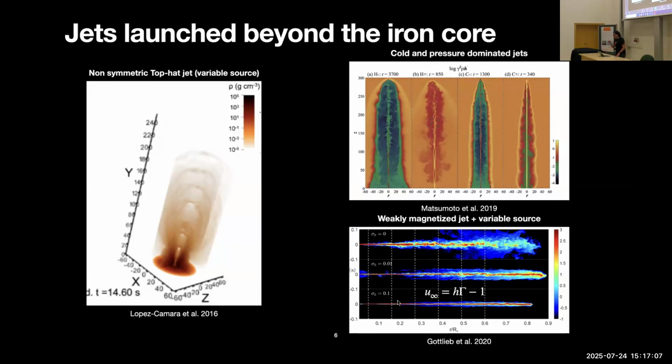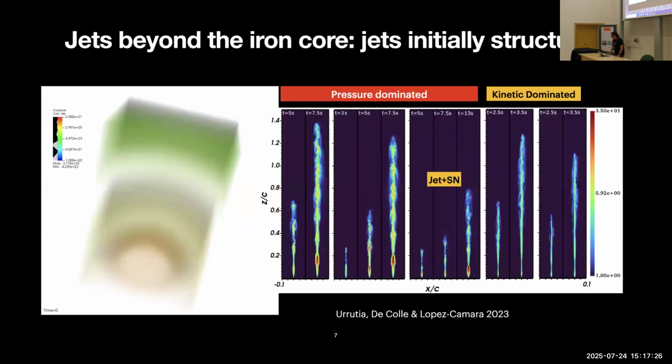Another important ingredient is the magnetization of the jet, because it's necessary to collimate the jet and drill efficiently through the star. Otherwise, if the magnetization is not enough, we can produce failed jets, which are of interest as well as non-symmetric transients.